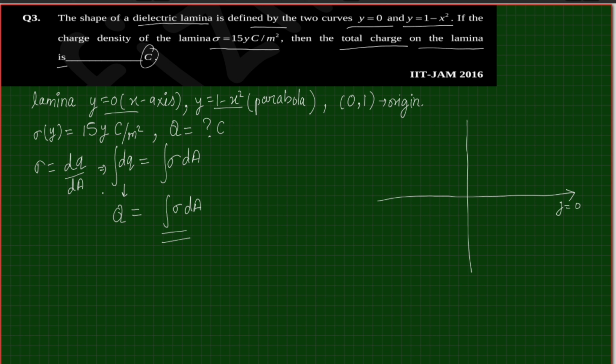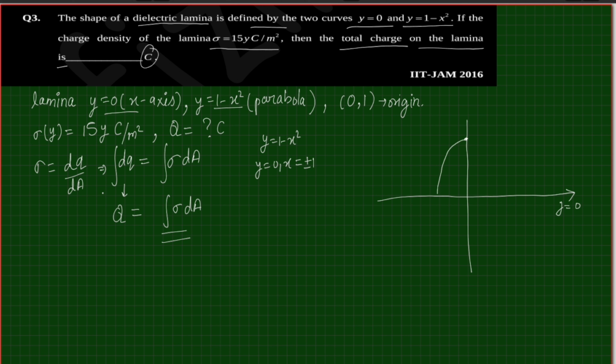And the parabola is y equal 1 minus x square. For y equal 0, x is plus minus 1. We can solve and get these values easily.